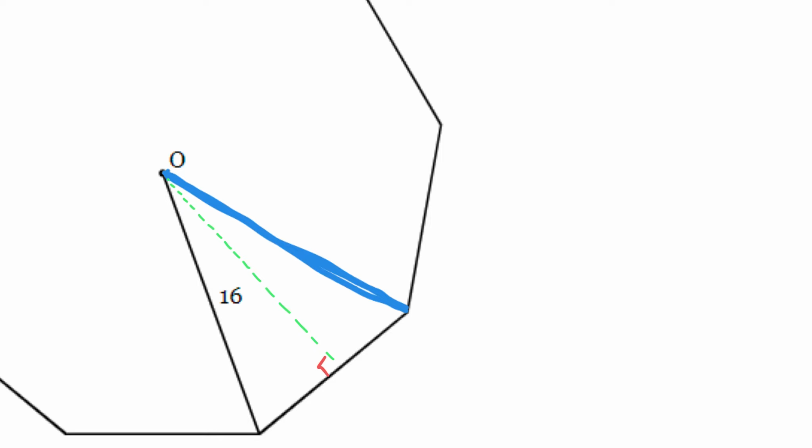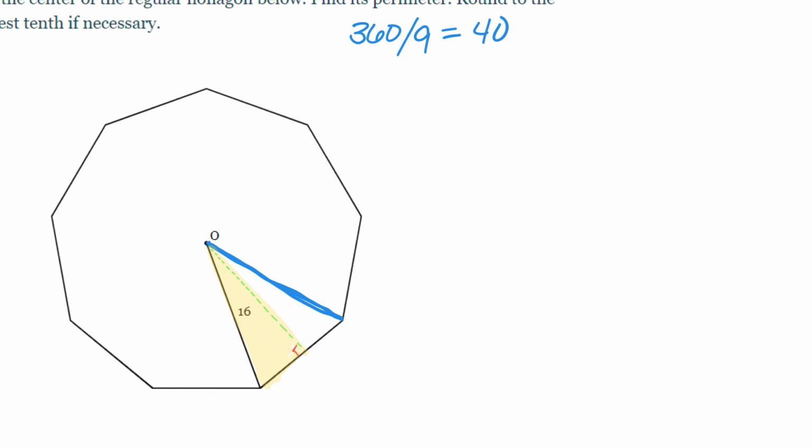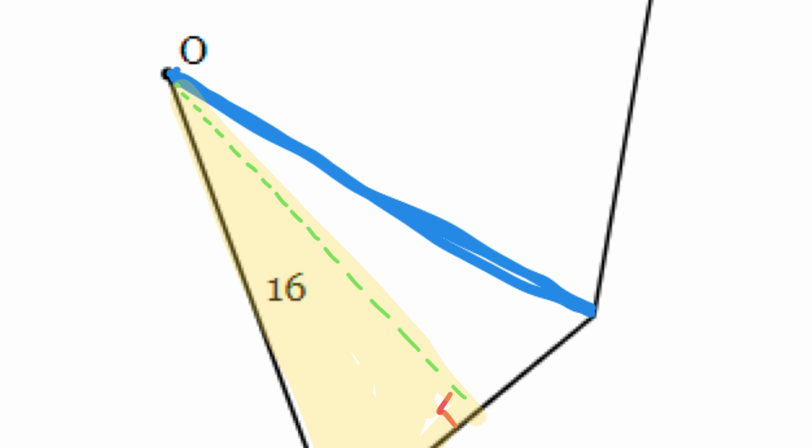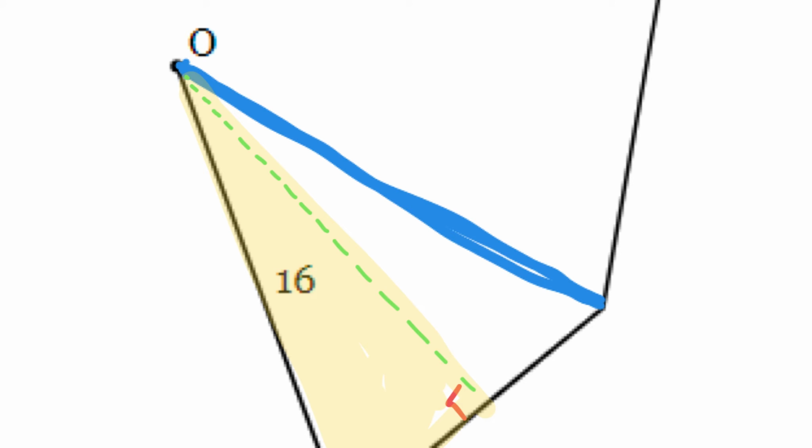So on my right triangle, we have a hypotenuse of 16, and we also just found that this central angle was 40 degrees, which means when we split this triangle right here, we'll have an angle of 20 degrees.